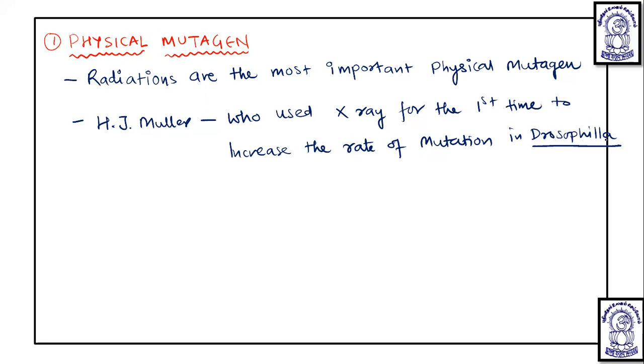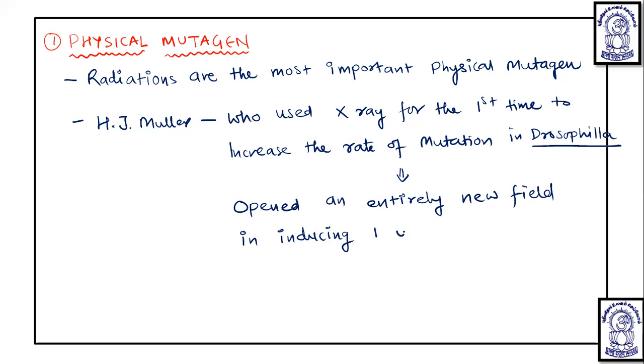Muller used this X-ray to increase the mutation rate, and due to this use, he opened an entirely new field in inducing mutations, and that field is known as actinobiology.